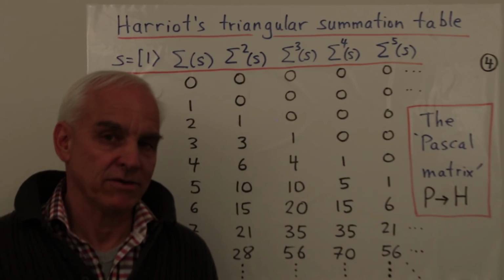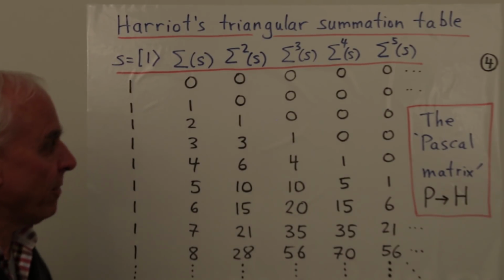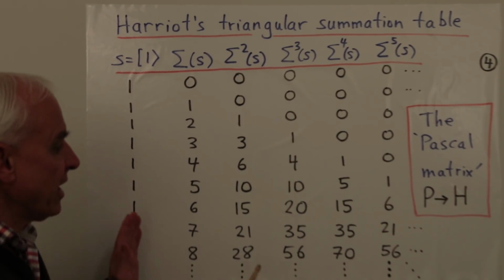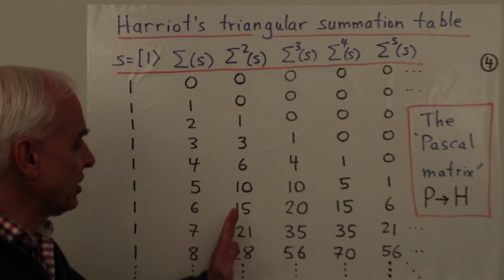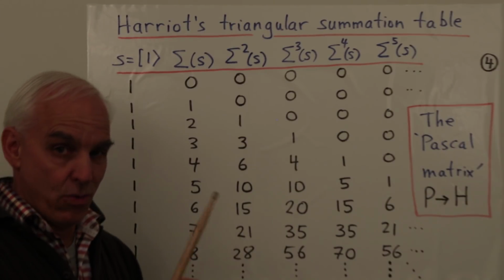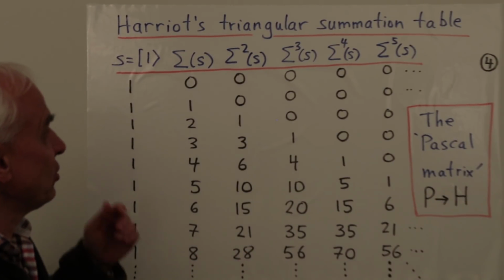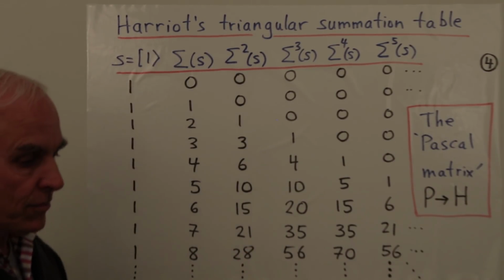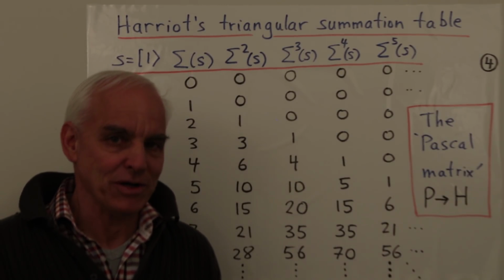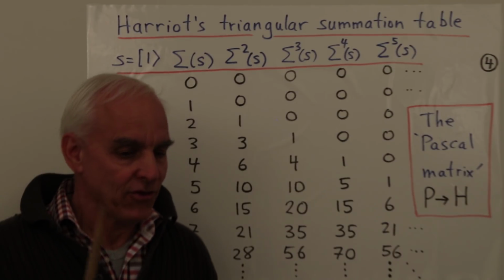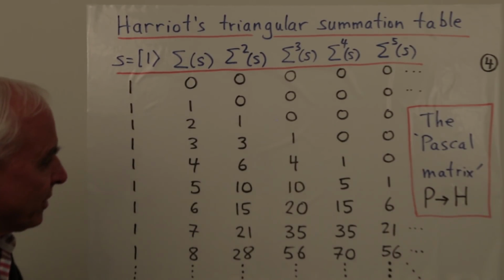So it really goes back to other people. But in modern times, this array, in the context of a summation table of successive summations of sequences, which is how we're going to think about it, is definitely due to Harriot, who almost gets no press and no acknowledgement of his contributions. So we are going to change that.